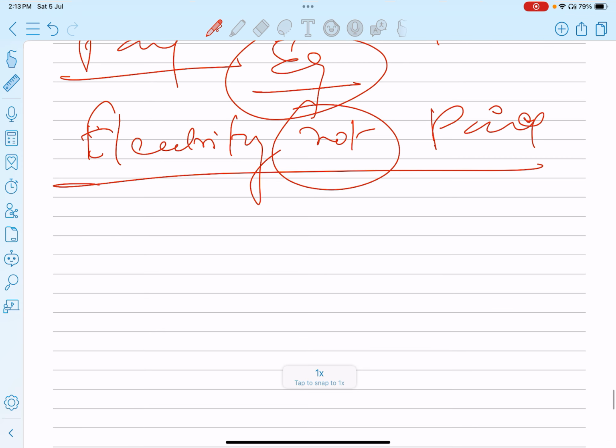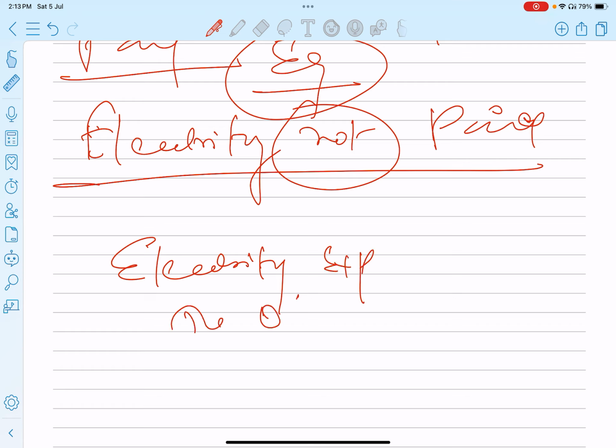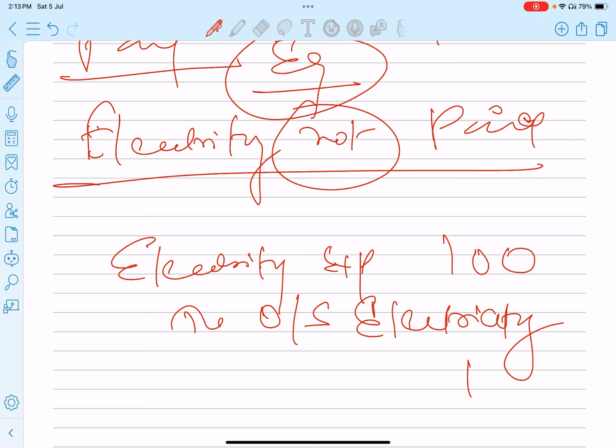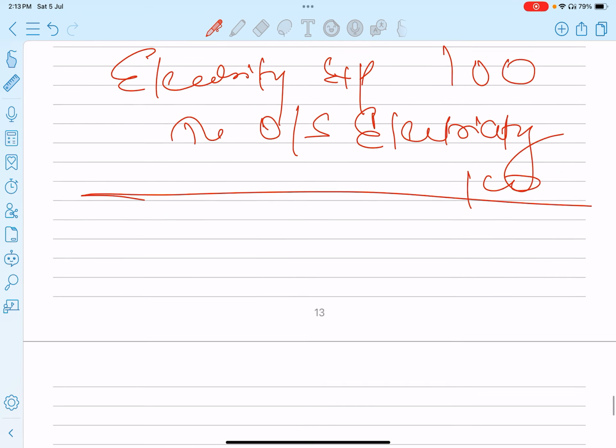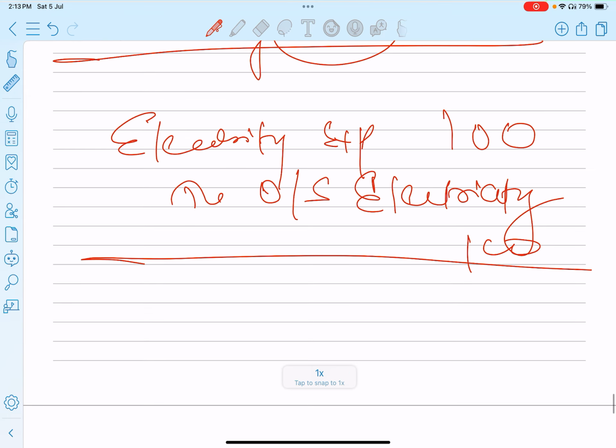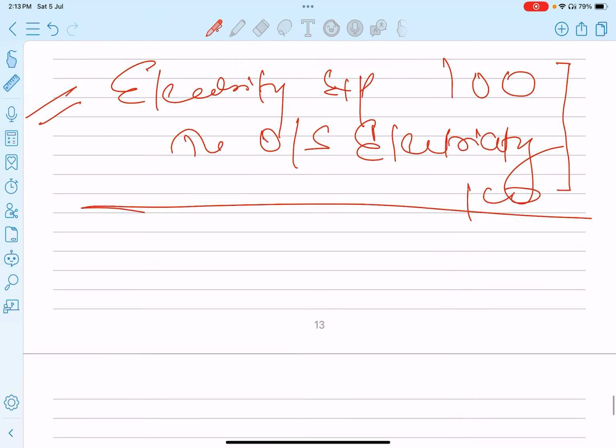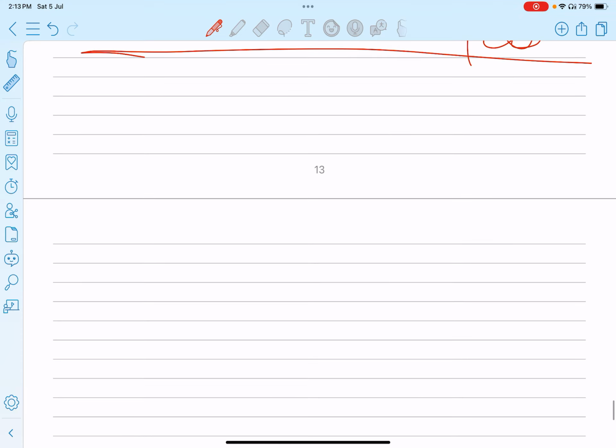So electricity expense to outstanding electricity. So we learn about the concept of accrual.